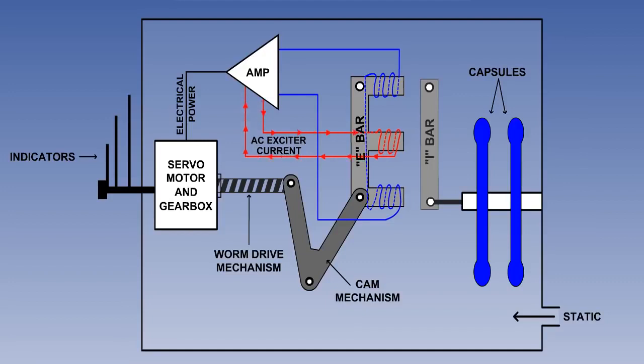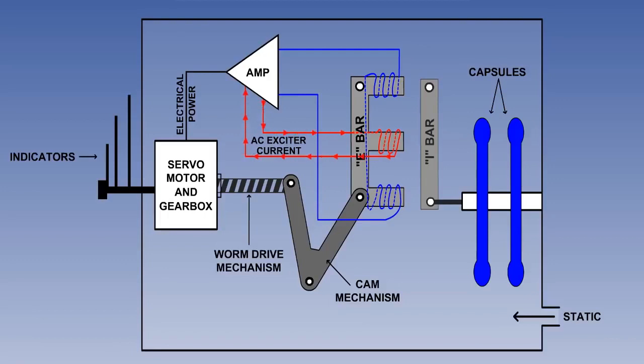Because the windings on the outer legs are 180 degrees out of phase with each other, when the gap between the I-bar and the legs of the E-bar is equidistant, the magnetic fields generated are equal and opposite and cancel each other out. No current will therefore flow in the circuit.